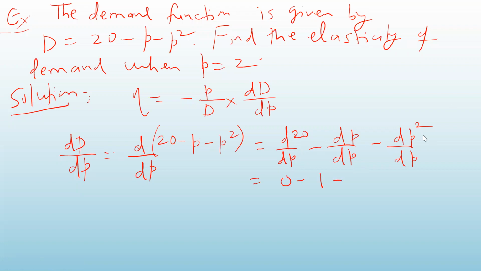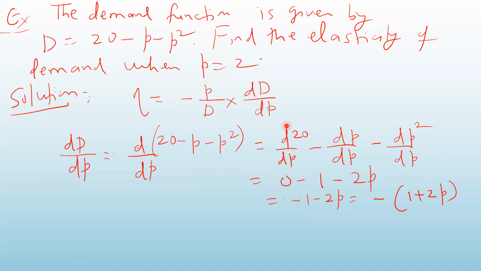And derivative of P square is 2P. So finally, you will get minus 1 minus 2P. Now take out the minus sign, so you will get minus of 1 plus 2P.